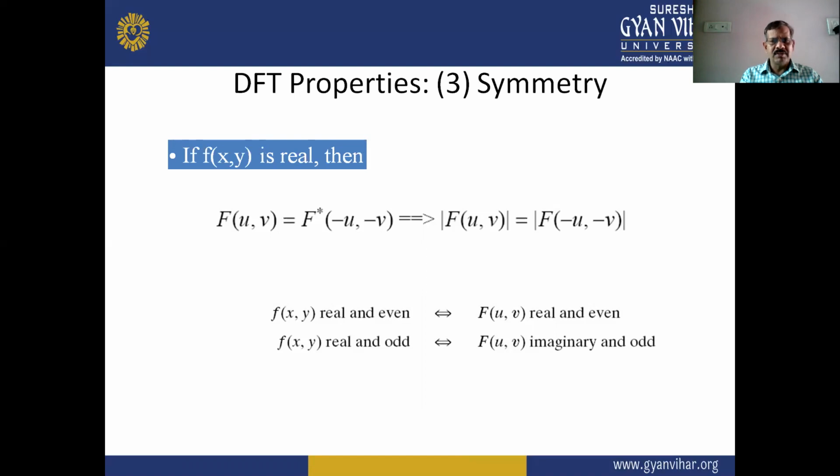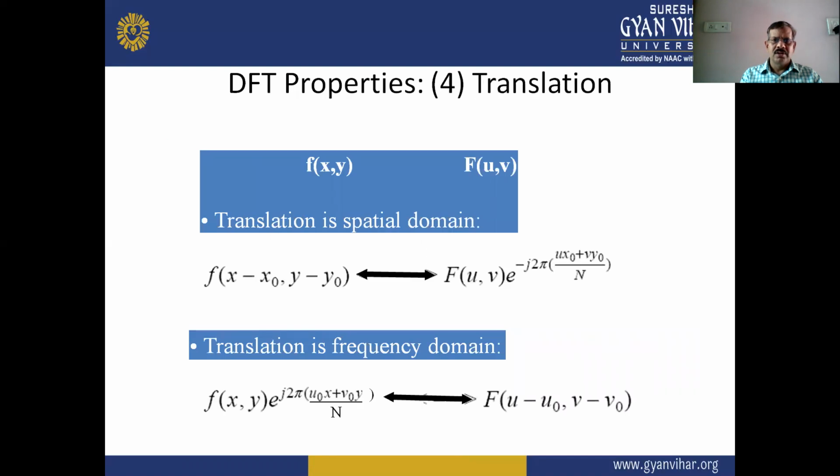If f(x,y) is real and odd, then F(u,v) is imaginary and odd. So this is the symmetry property of the DFT. The fourth one is translation. That is the fourth property of the DFT.